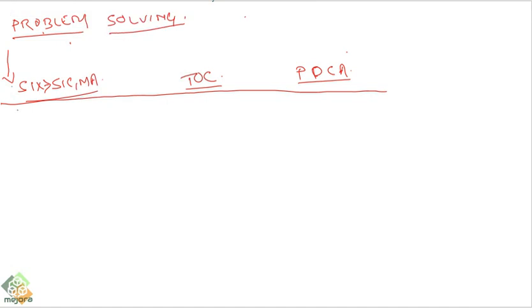Suppose Six Sigma, if you follow DMAIC or DFSS, there are two types of methodologies. So DMAIC is where you divide a project into five stages. The first one is the define stage.